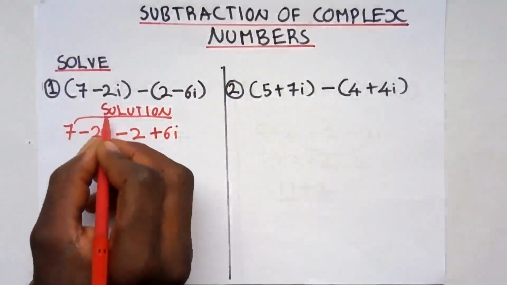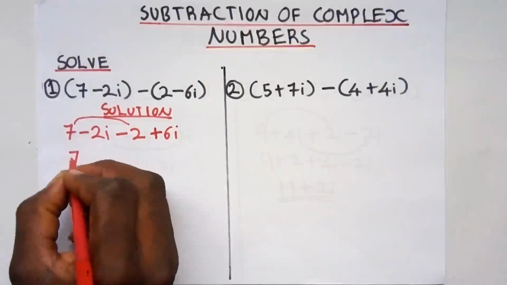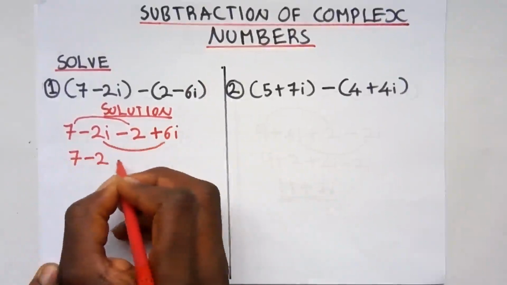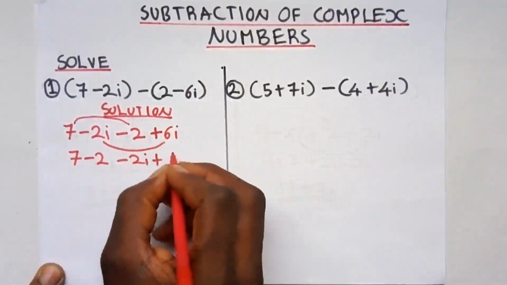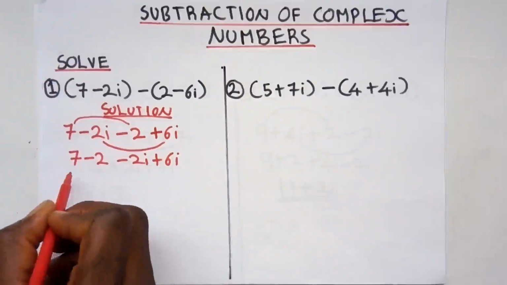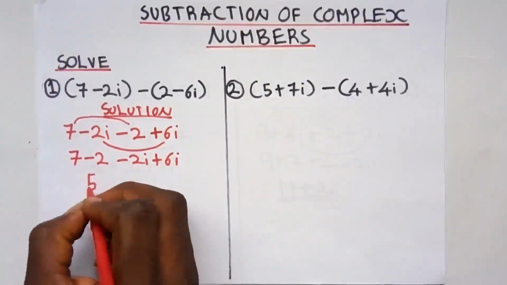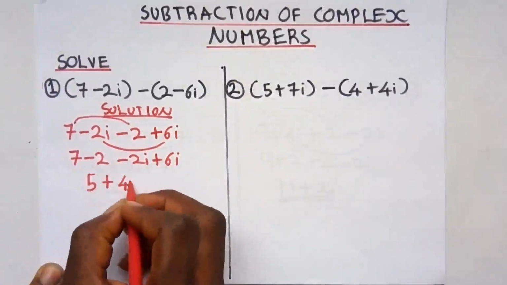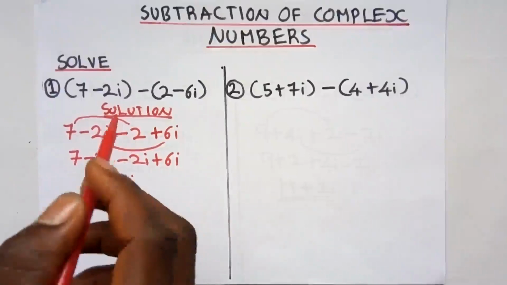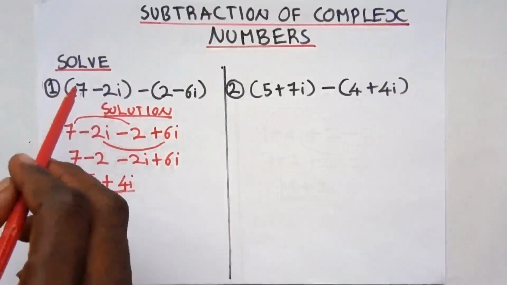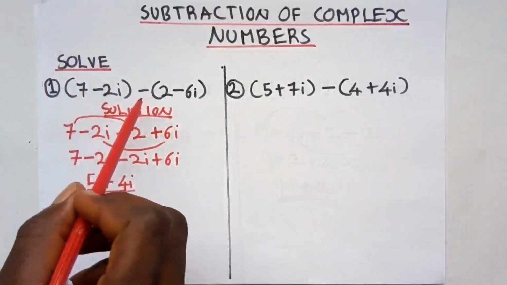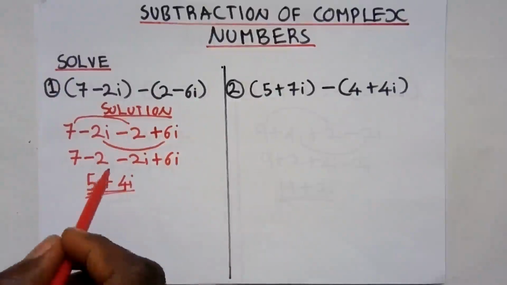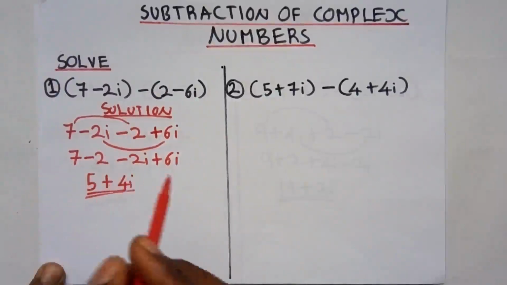So 7 minus 2, which are the real parts, and minus 2i plus 6i. So when you do 7 minus 2, you have 5, and minus 2i plus 6i gives plus 4i. So when you subtract these two complex numbers, you arrive at a new complex number with the real part 5 and the imaginary part 4.